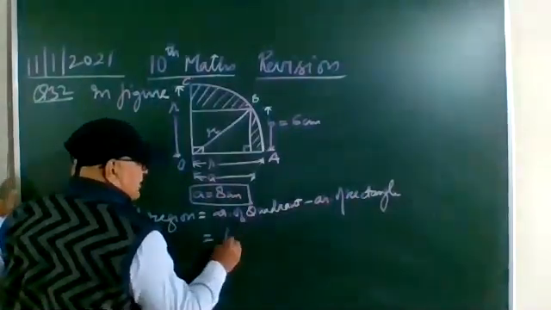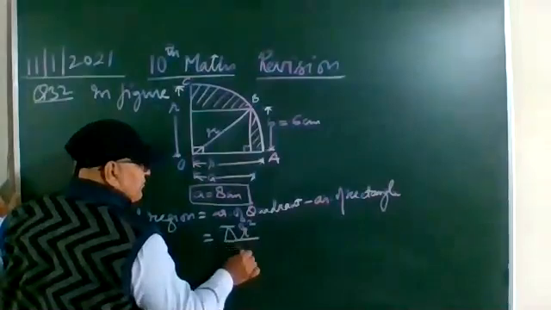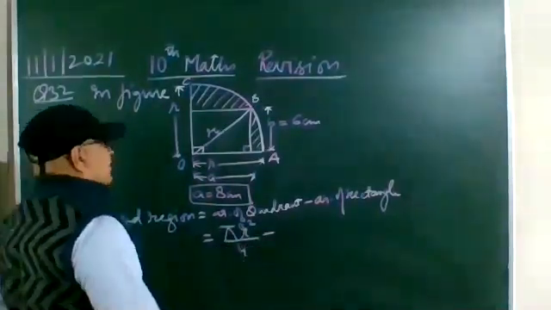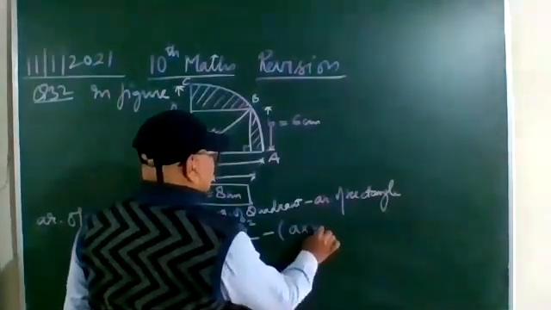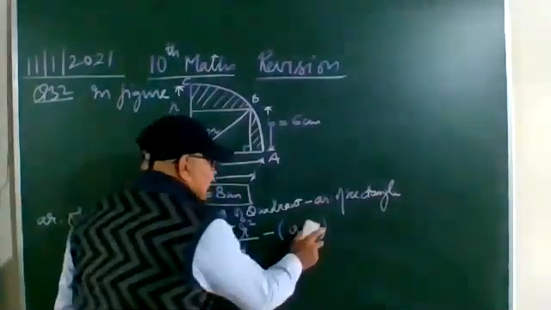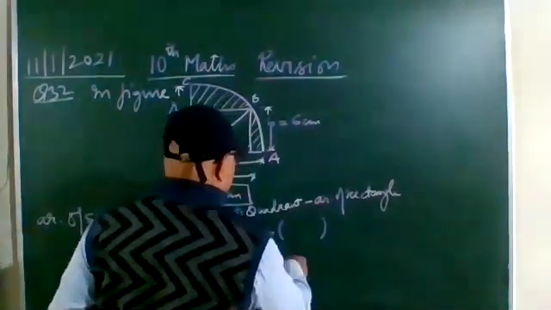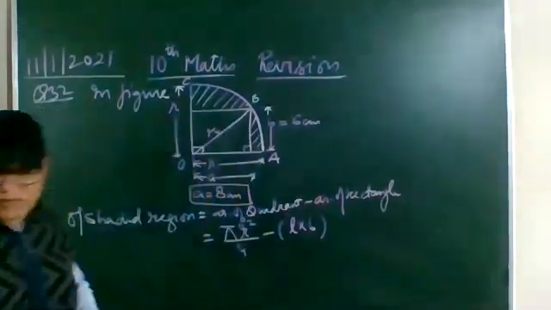Now area of quadrant is what? Pi r square upon 4 minus area of rectangle, that is A into B. Area of rectangle is length into breadth.